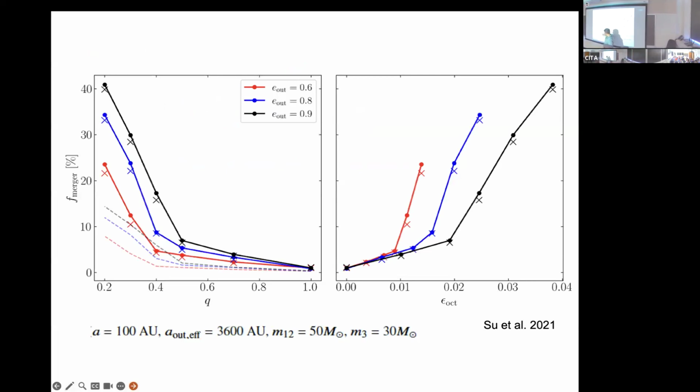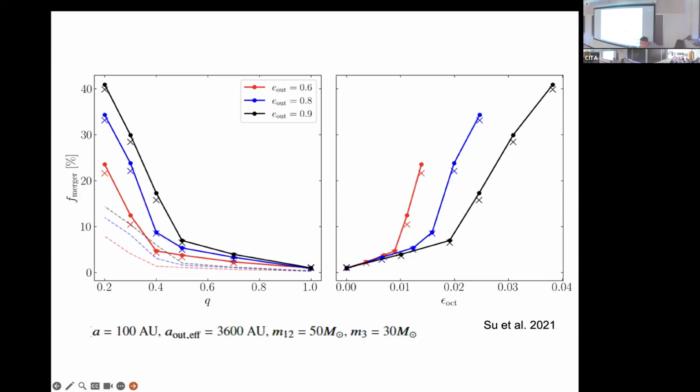By changing the mass ratio, you find the merger fraction increases when you go to asymmetric masses. It's rather dramatic: if you have equal mass, you only have 1%, and when you go to unequal mass, it becomes much higher. This assumes random orientation, and this can all be calculated, more or less semi-analytically.